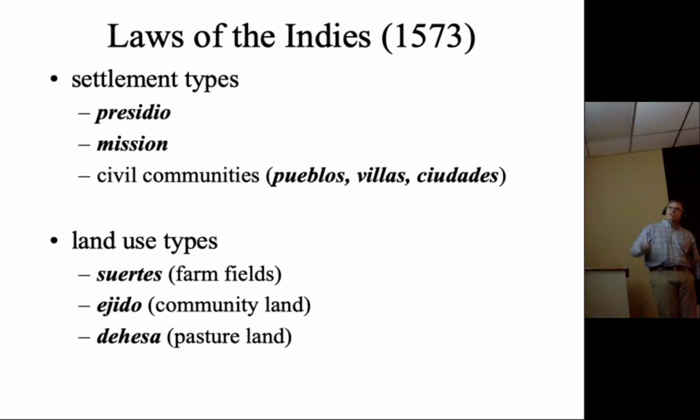Anyway, the land claims and the land tenure system that the Spanish put in place all over the continent followed the Laws of the Indies. And this was something that was established, of course, a bit later, 1573.